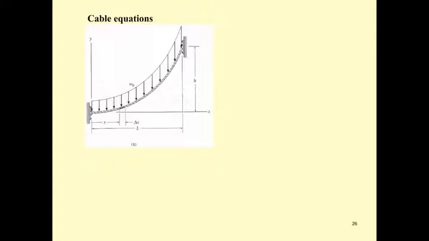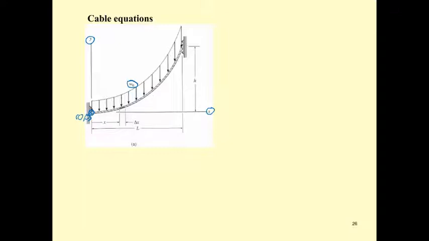To derive the cable equation, let us consider a portion of this cable having the lowest point here, and set this as the origin of the xy axis. This cable is subjected to the uniformly distributed load W sub naught, and it lies between this point and goes up to the top here.